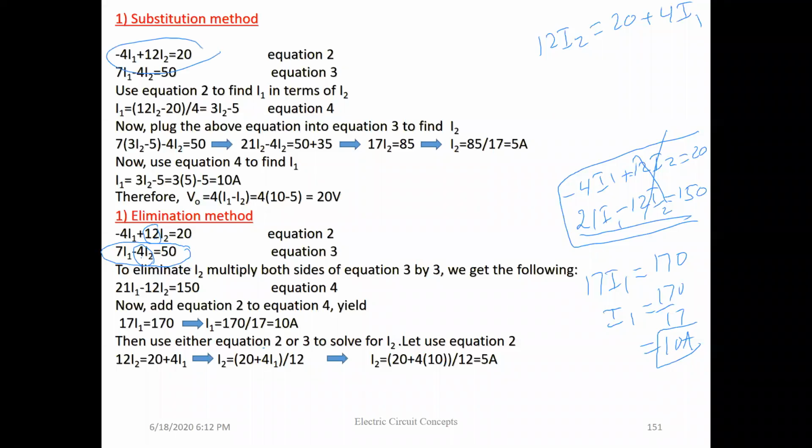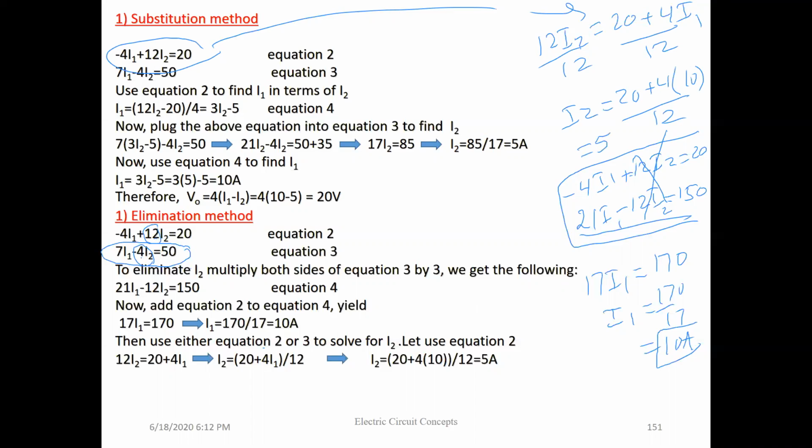So divide by 12, so I2 would be 20 plus 4 times I1, which is 10, divided by 12. So this will be equal to 5. Okay, so this is how to solve the equations by elimination. So now we cover the three methods: the substitution method, the elimination method, and the Cramer's rule or the matrix method.